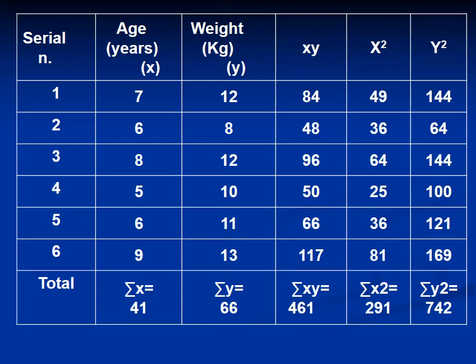So these are the values that we use in the computation of R, the correlation coefficient. We just get these values down here and substitute them into our correlation coefficient formula.